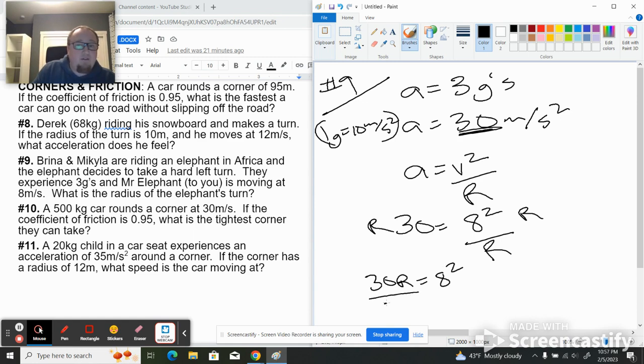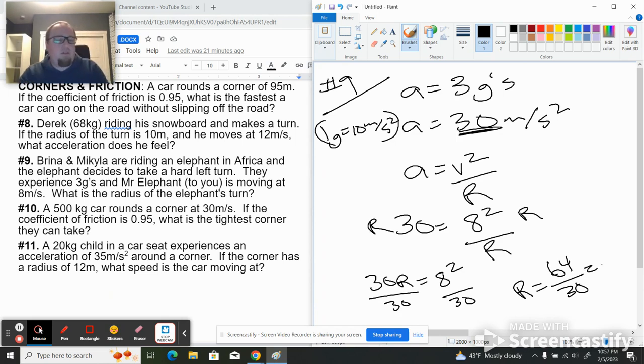Now to get r by itself, I divide by 30. So r is 8 squared, which is 64 over 30, which is 2.1. Translation, the elephant took a very sharp corner.